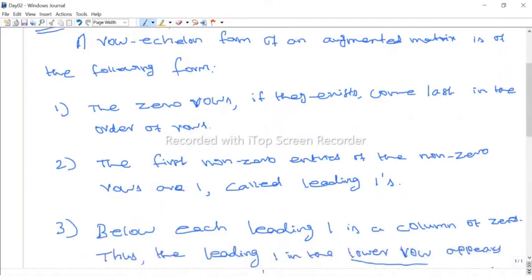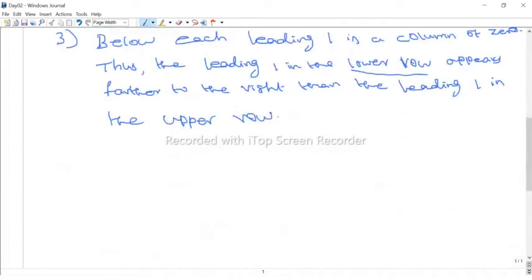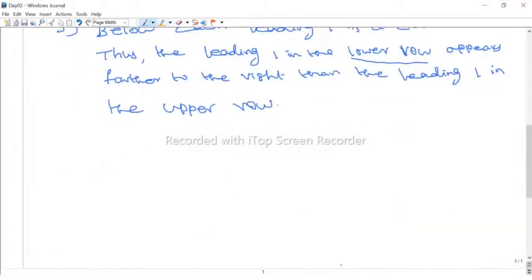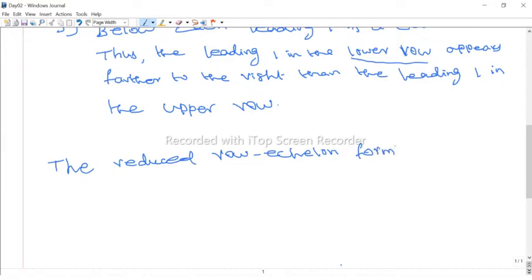So maybe I can write the definition here. The reduced row echelon form, otherwise sometimes called row reduced echelon form, RREF.